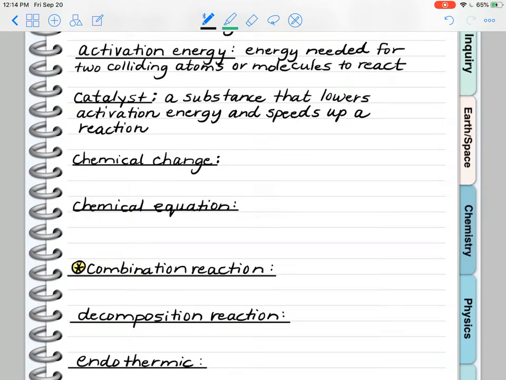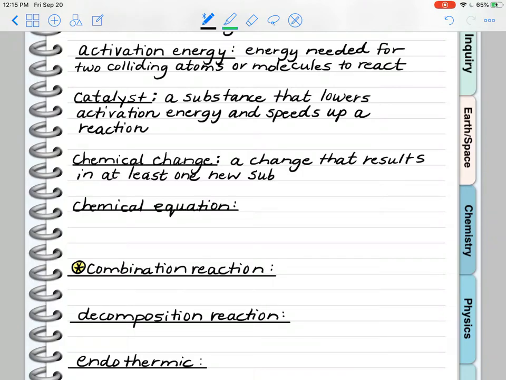A chemical change is a change that results in at least one new substance. And here's an example.